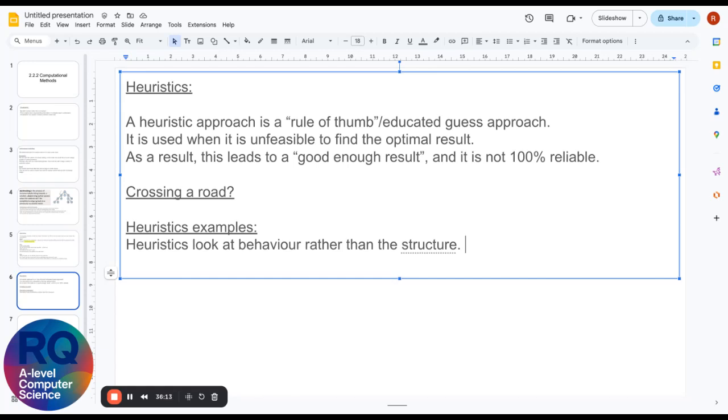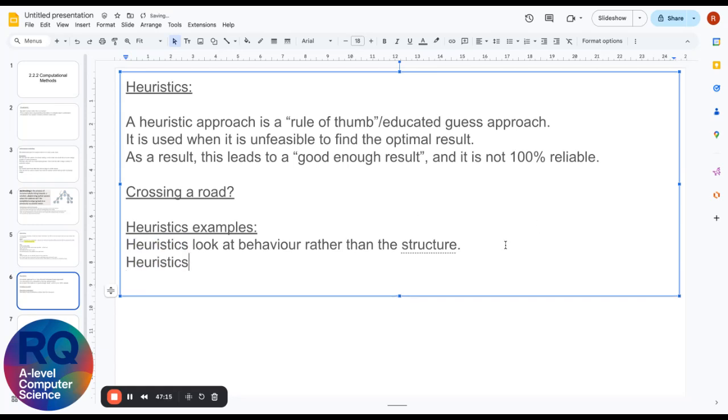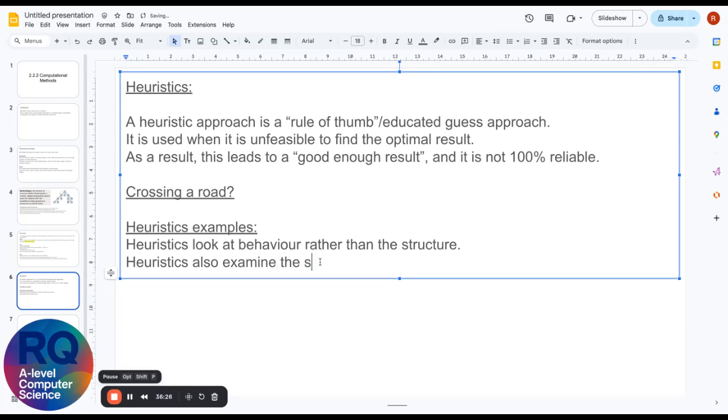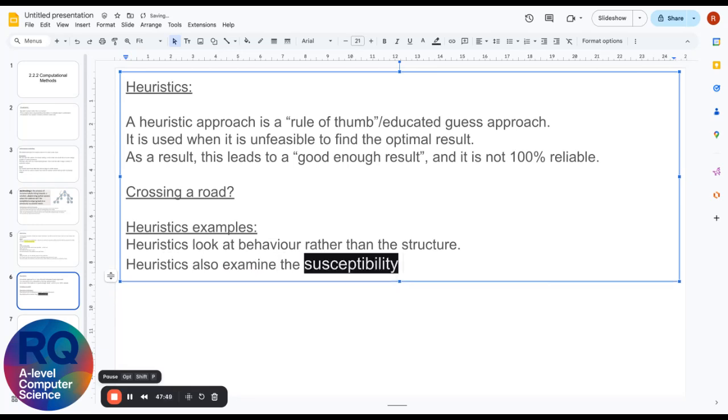You would work on understanding its behavior. Heuristics also examine the susceptibility of the system to possible attacks.